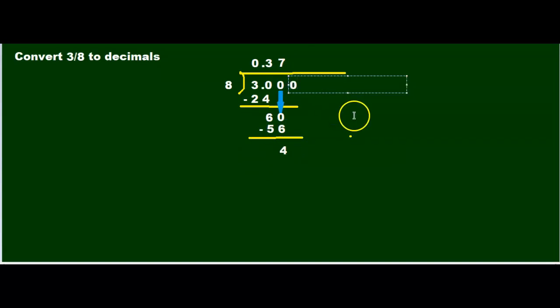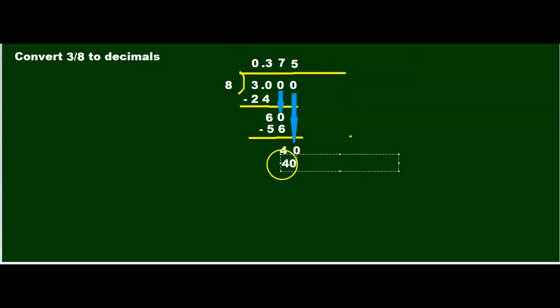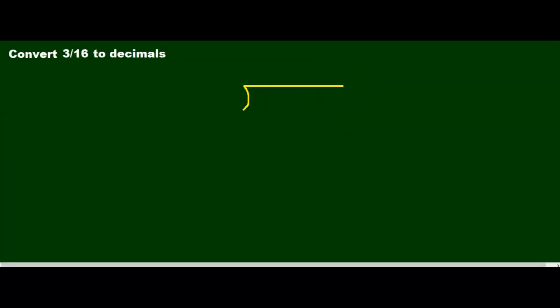Add another 0 there. Bring my 0 down. Now 8 times 5 gives me 40. If I subtract 40 from 40, my remainder is 0. So therefore 3 over 8 is equal to 0.375.